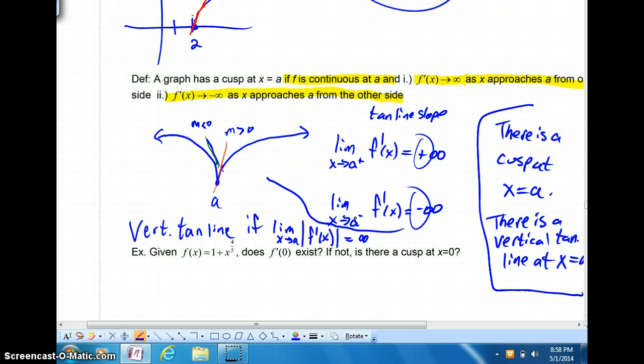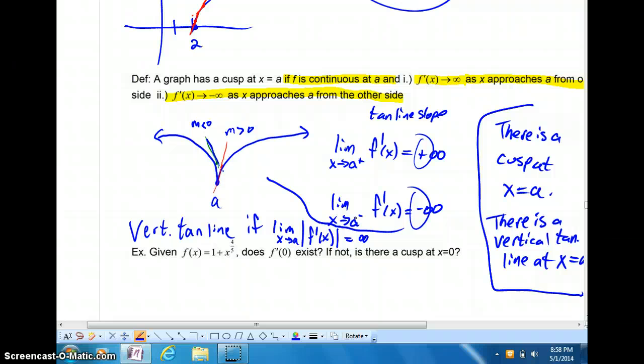Well, hey, put absolute value around your derivative, and negatives turn into positives, and positives stay positive. So this would be a vertical tangent line. So for every cusp, you could technically say there's a vertical tangent line.